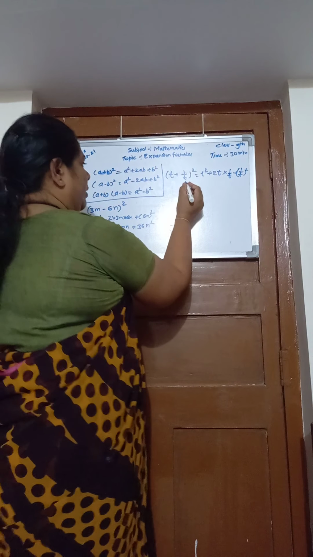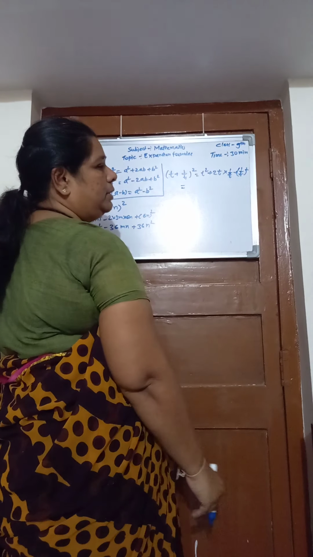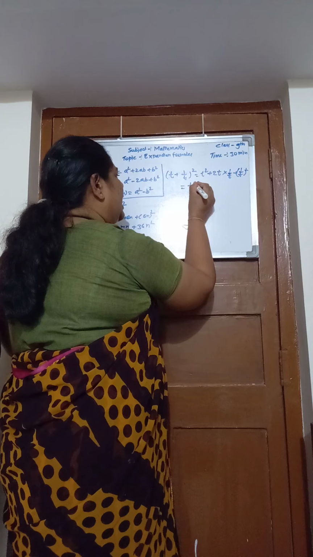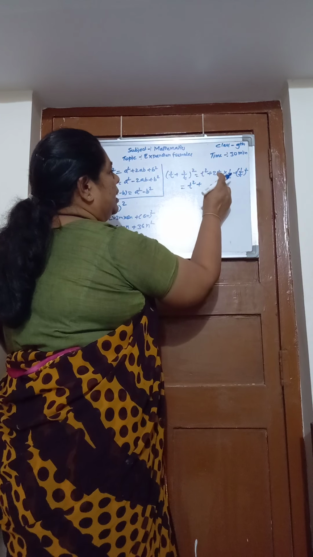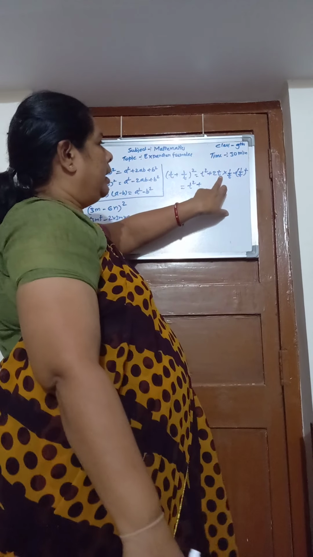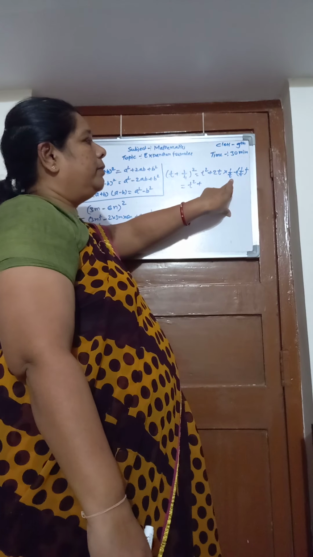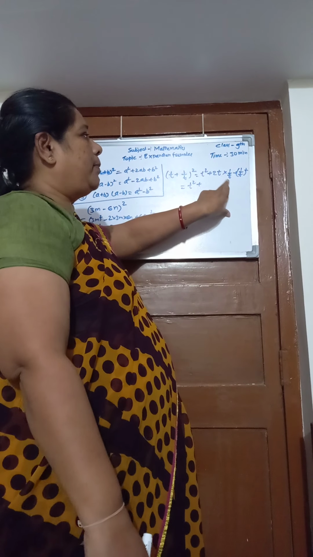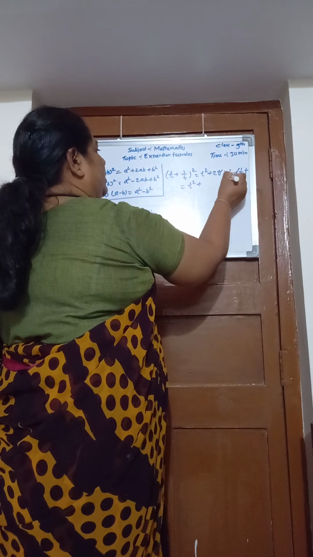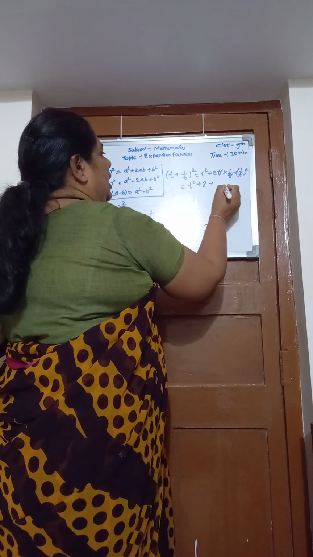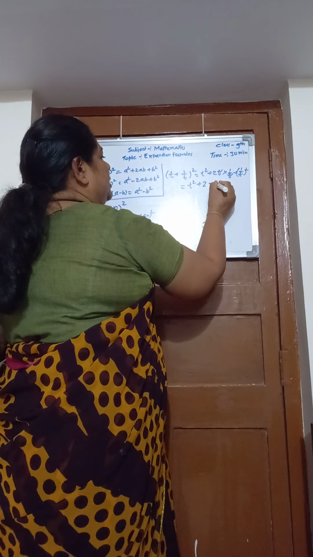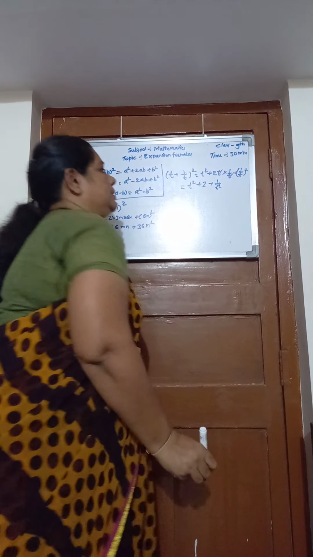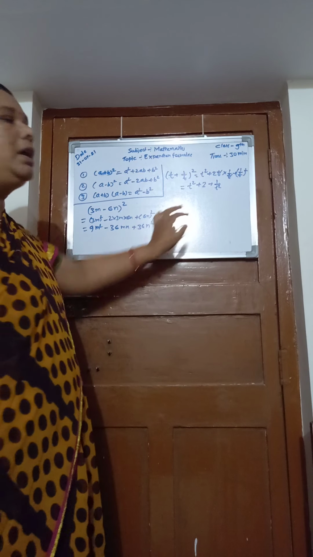What will be the answer? t square, write as it is, plus t and 1 by t get cancelled, so write down 2 only, and 1 by t whole square is equal to 1 by t square. This is your answer.